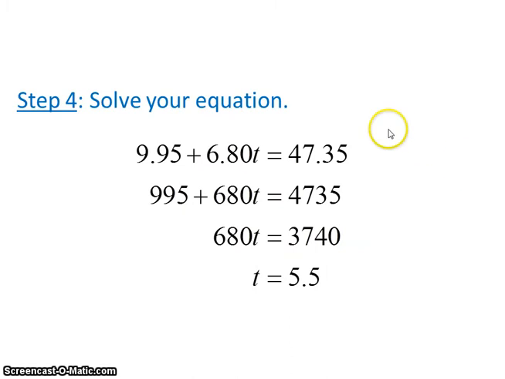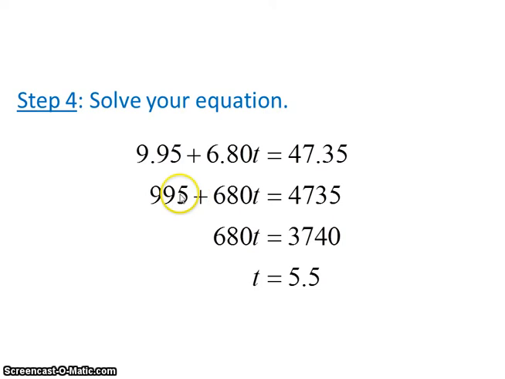Step 4 is just solving our equation using the steps that we already know. Often when you have a decimal place in your equation, you are told to eliminate it by multiplying both sides of the equation, in this case by 100, since we have two decimal places behind each of our dots here. So I did that. You don't have to do that step if you don't want to.